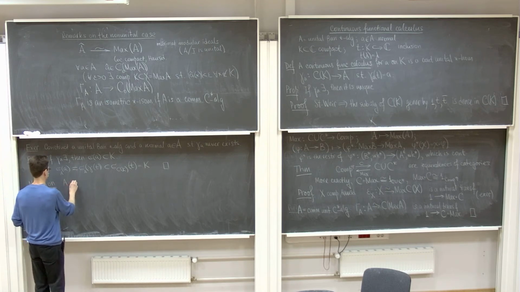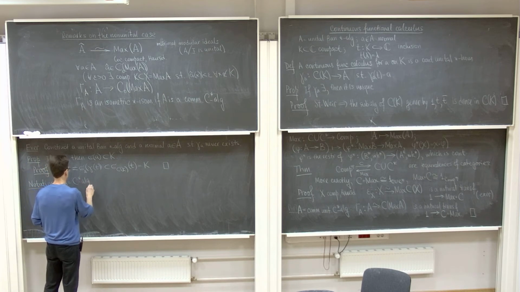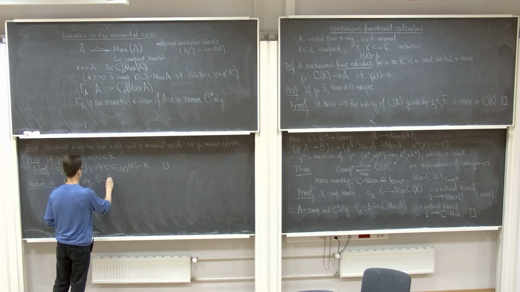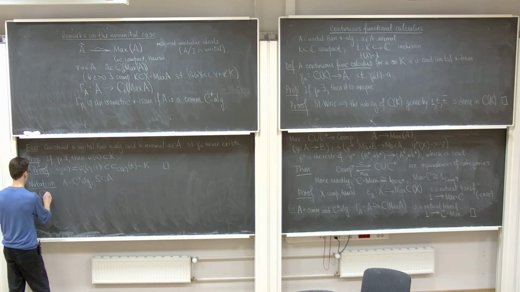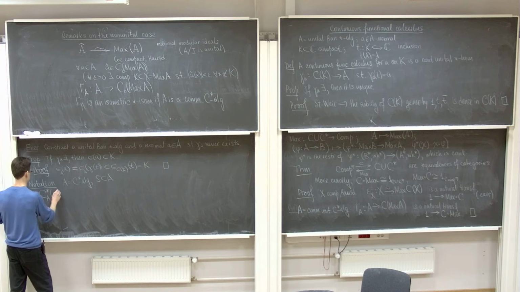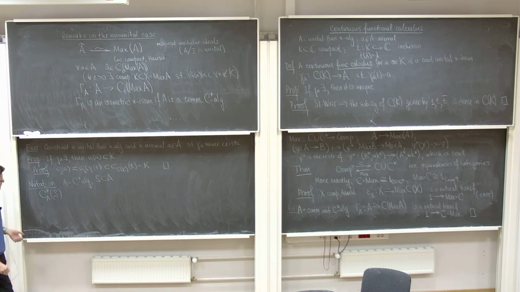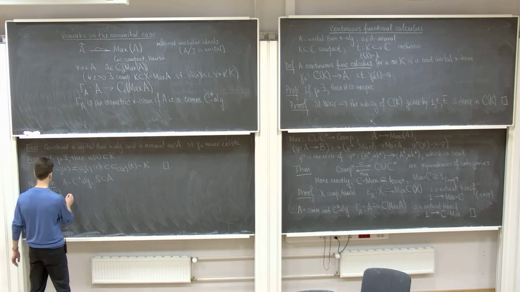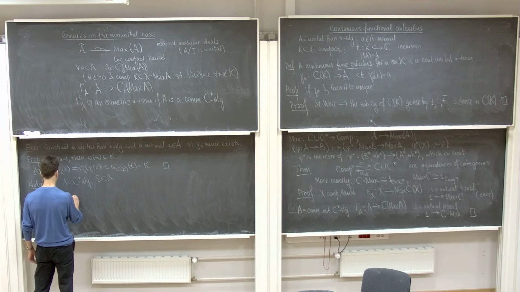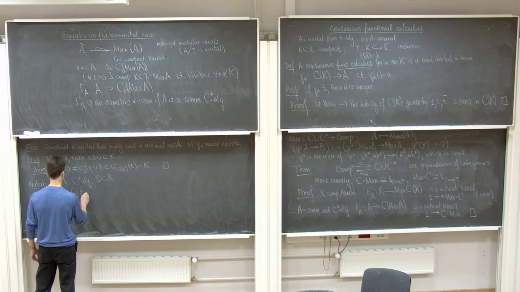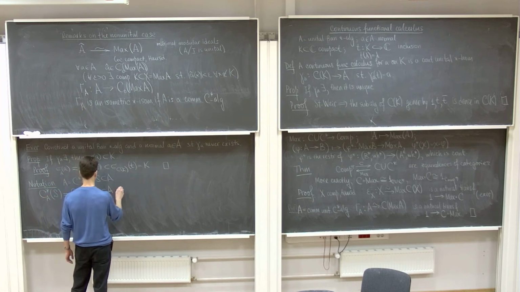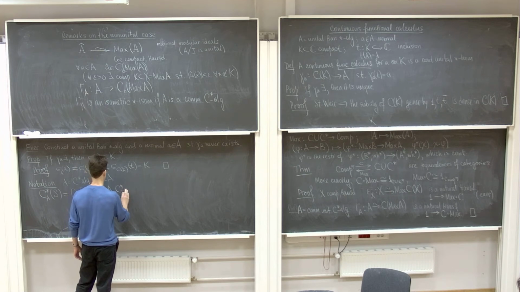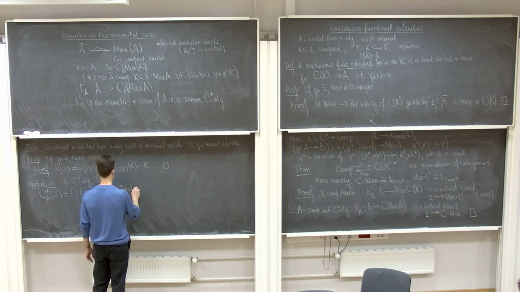Suppose that A is a C-star algebra, and let S be a subset of A. We define the C-star subalgebra of A generated by S to be the intersection of all C-star subalgebras containing S, the intersection of all B, where B is a C-star subalgebra of A, a closed star subalgebra containing S.